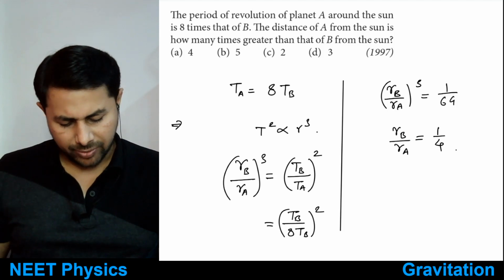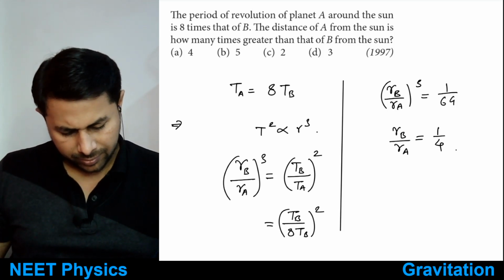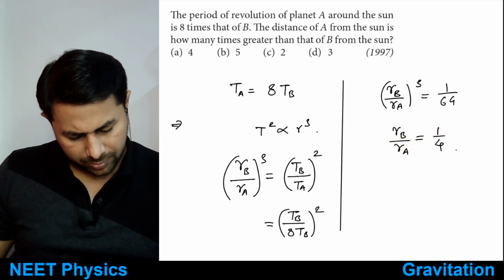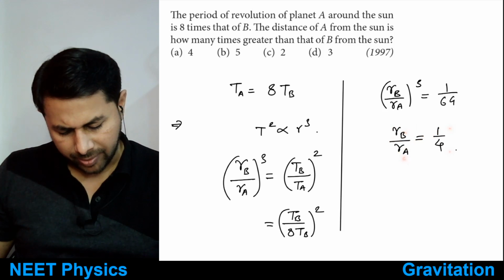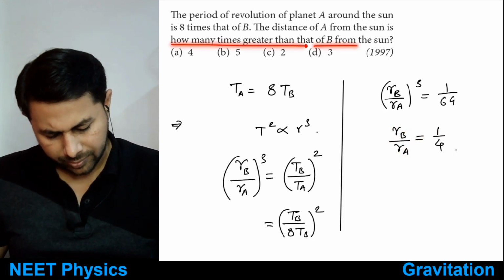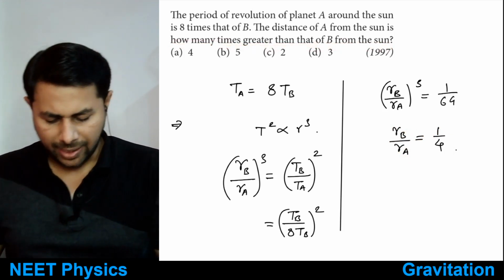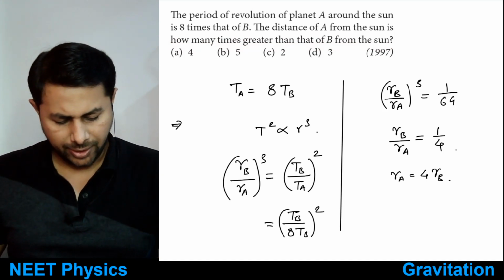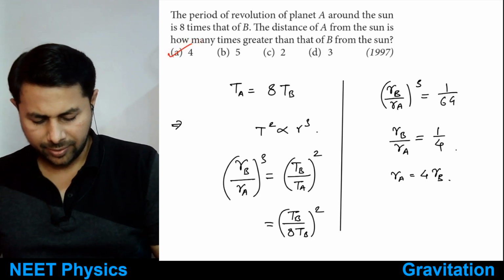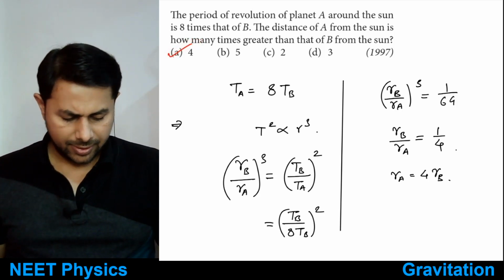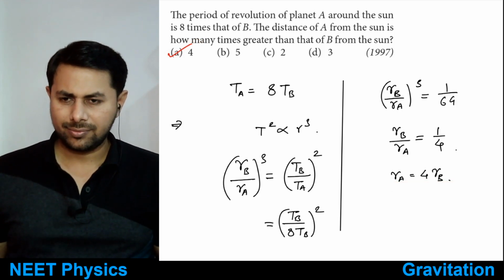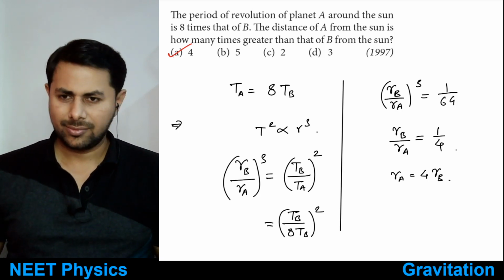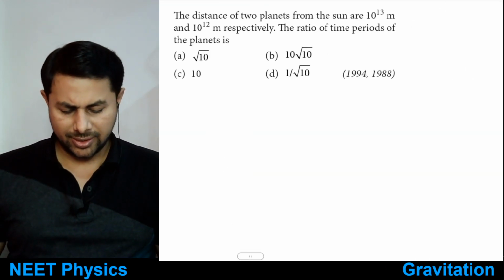And therefore RB is equal to RA divided by 4. Yeah, that's correct. So RA is equal to 4 times RB. So that's the answer, option A, right? Again, a very simple question. All right, very good. Let's see the next one.